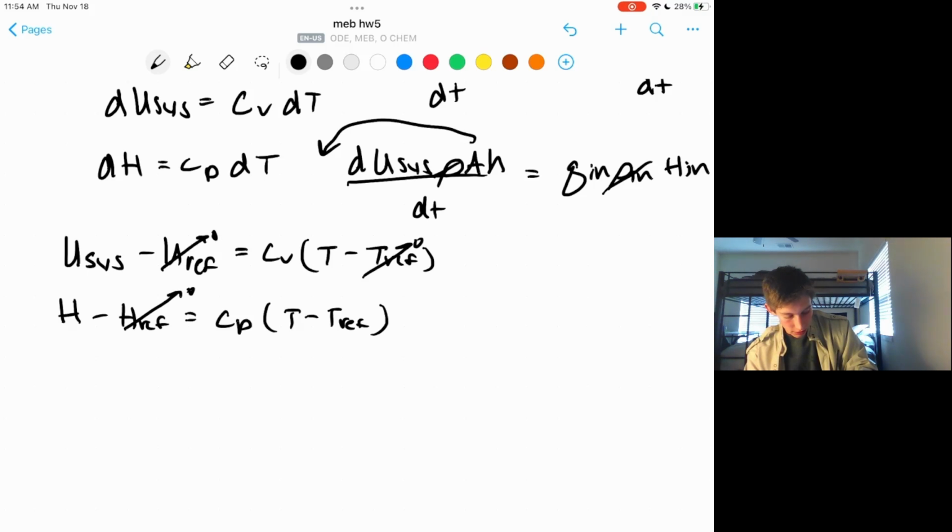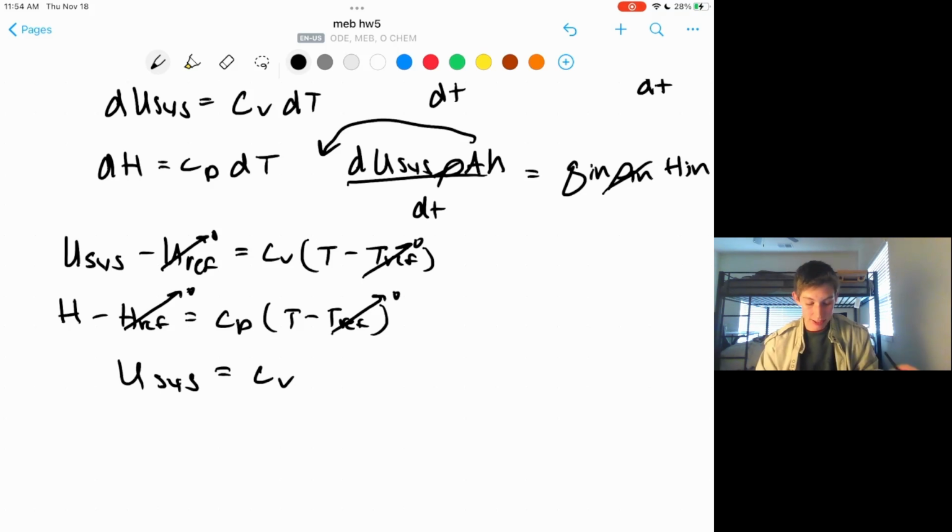And then we're ultimately left with the internal energy of the system equals constant volume specific heat times the temperature, and the enthalpy equals specific heat at a constant pressure times the temperature. And also there's something else to note, that for liquids and solids, the specific heats at constant volume and constant pressure are equal. So we'll cancel those out once we put those into the equation.